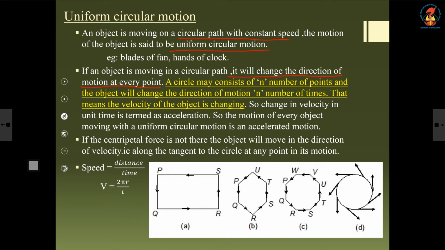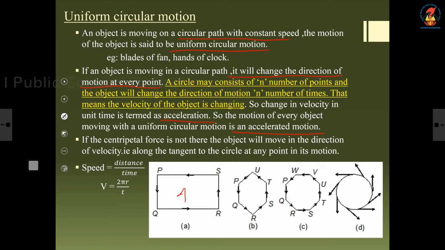A circle may consist of n number of points and the object will change the direction of motion n number of times. That means the velocity of the object is changing. So, change in velocity in unit time is termed as acceleration. So, the motion of every object moving with uniform circular motion is an accelerated one.